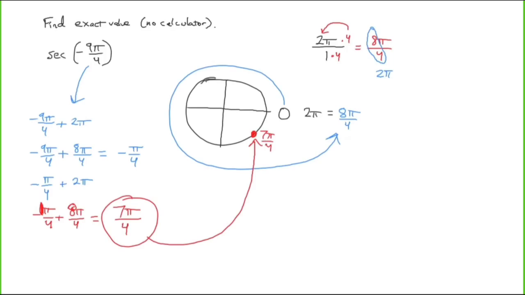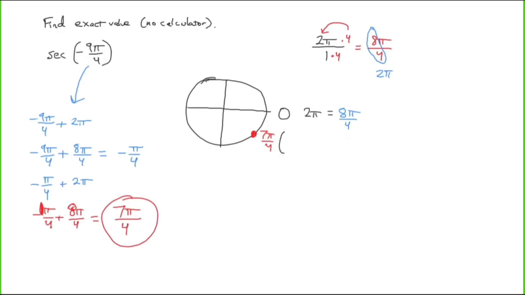So now that we have that, we have to know what its coordinates are. Even before that, let's see which coordinate we really need, because we don't need all of them. If it's just asking for secant, we just need the cosine coordinate. There are 3 standard coordinates that you want to have memorized.